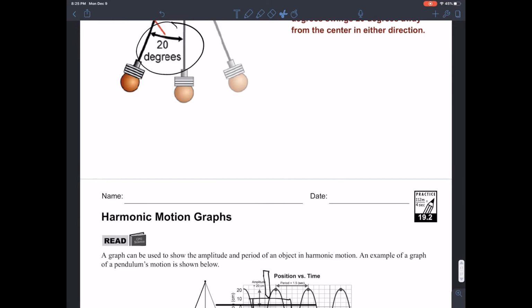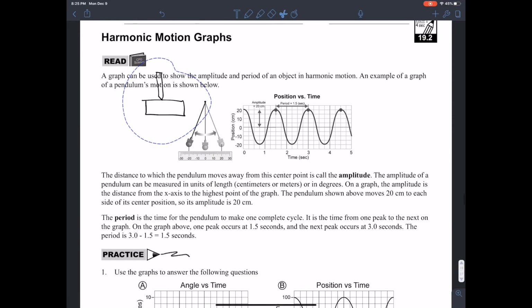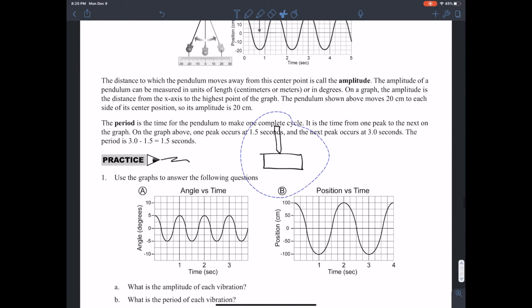So I'm going to grab this guy, move it down. Okay. On that seismograph, the pen right here, the red pen, that's going to be our marker. Okay.